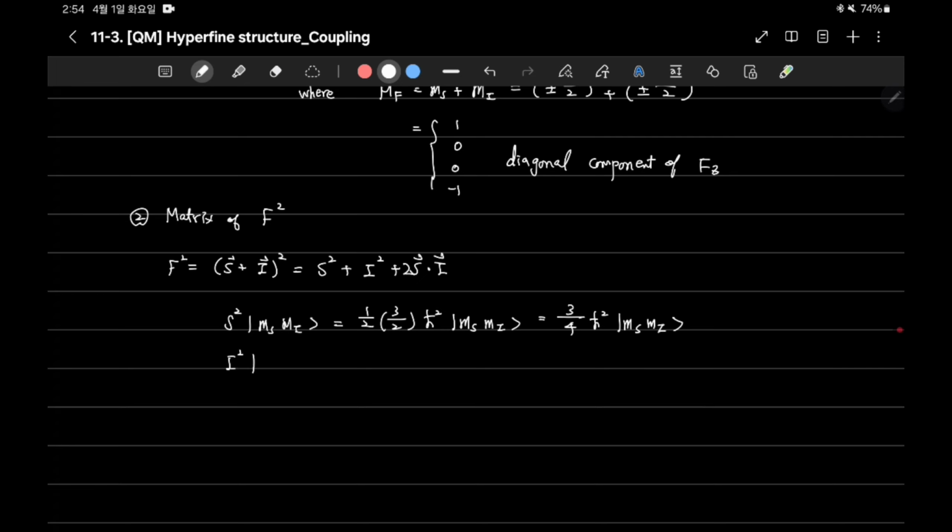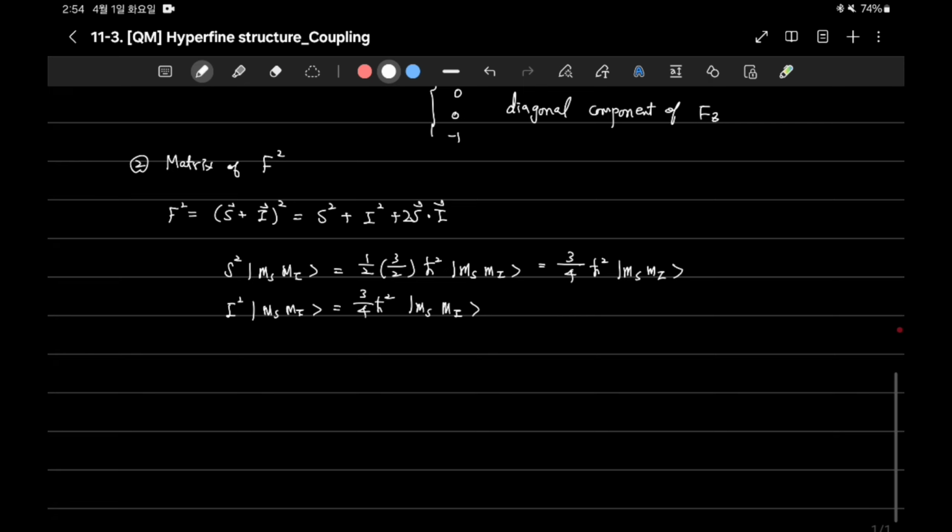Likewise, I square acting on MS MI gives 3/4 h bar square MS MI.